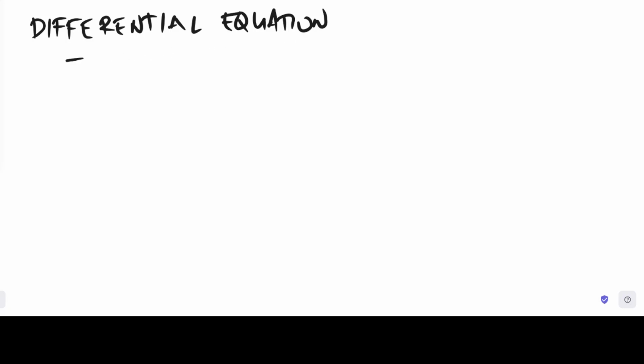Okay. So by definition, or the very technical definition, a differential equation is an equation which involves an unknown function.